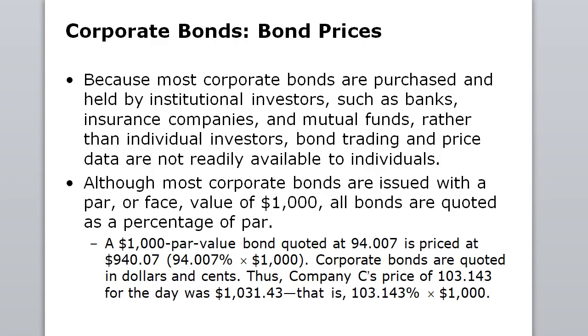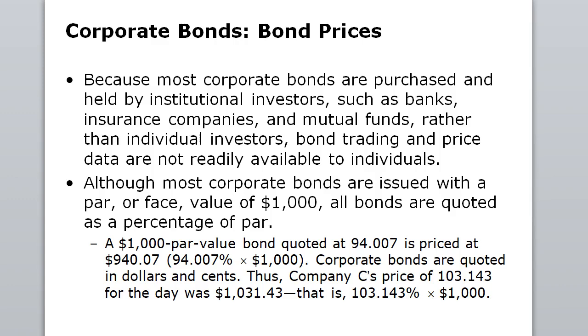Although most corporate bonds are issued with a par or face value of $1,000, all bonds are quoted as a percentage of par. So when you see a $1,000 par value bond quoted at 94, the price is 94%, so a $1,000 bond at a quote of 94 would mean the bond is trading at $940.